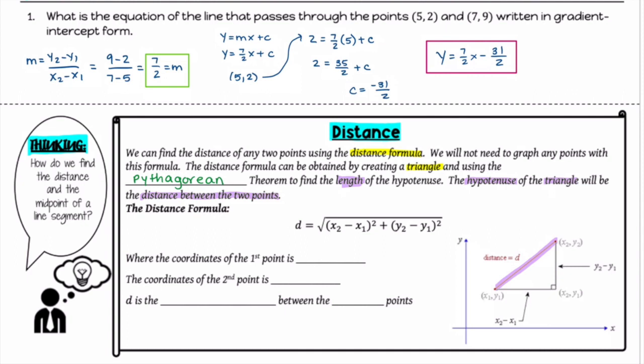The distance formula is given to us, in which the first point we are going to label x1, y1. The second point will be x2, y2. D is the distance or length between the 2 points.